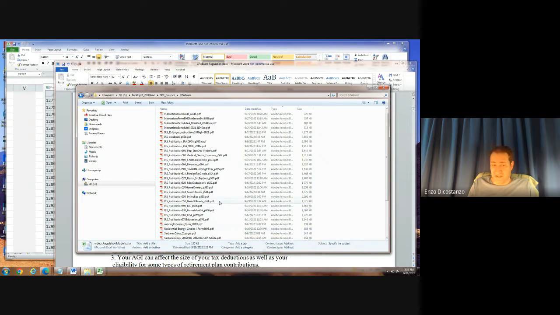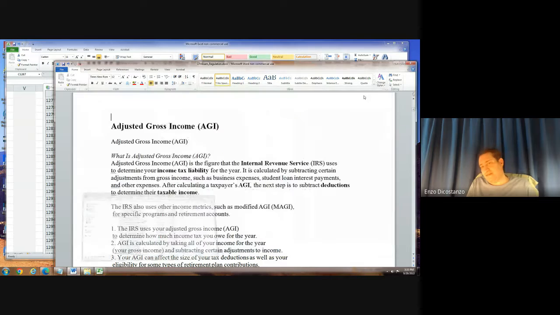Some of the instructions for some of the schedules, the Schedule A instruction, the 1040 instruction. As you see, I say it in class all the time, people will pay money to do this. So you want to learn how to do it, right?